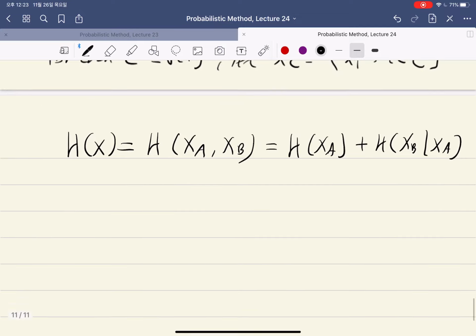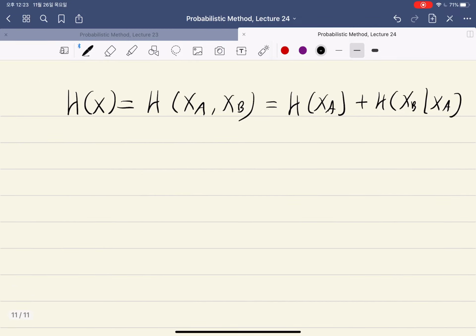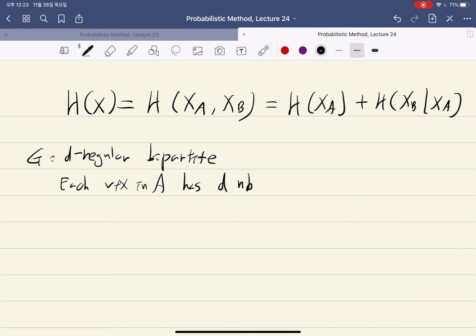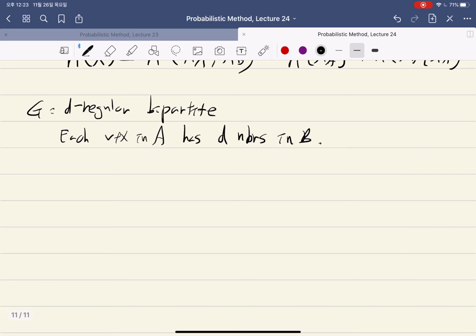So what do we know? G is a d-regular bipartite graph, so each vertex in A has d neighbors in B. By using Shearer's lemma, what do we know?